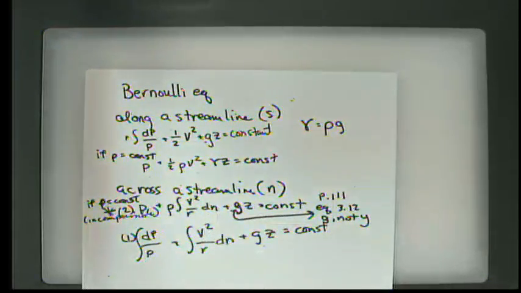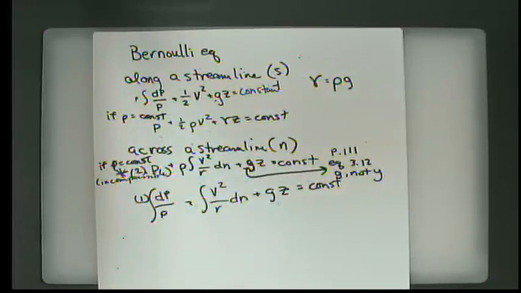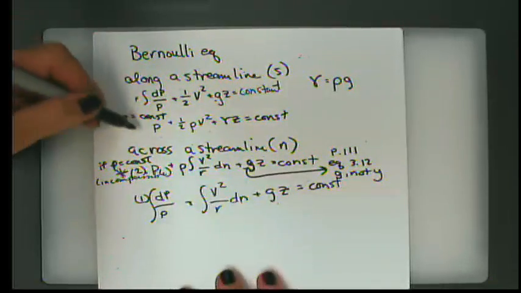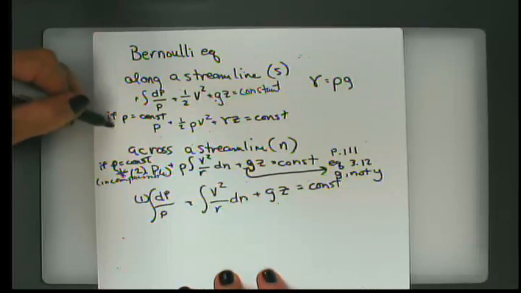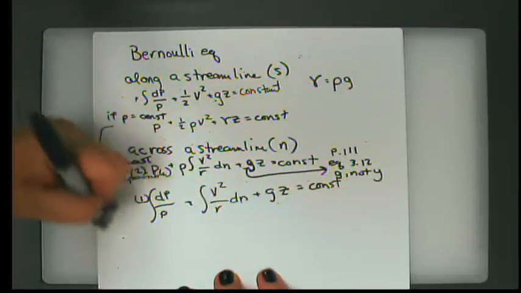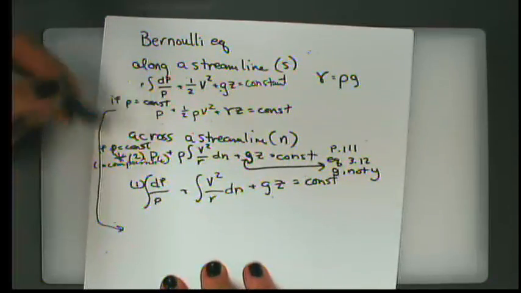All right, so the consequence of the Bernoulli equation is that at any point along a streamline, let's just talk about this form, this equation will hold true.